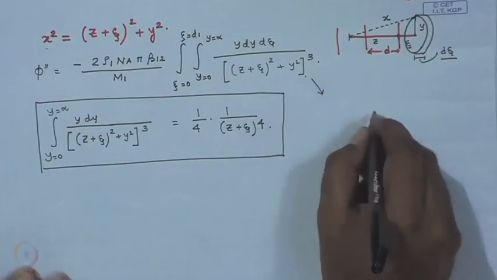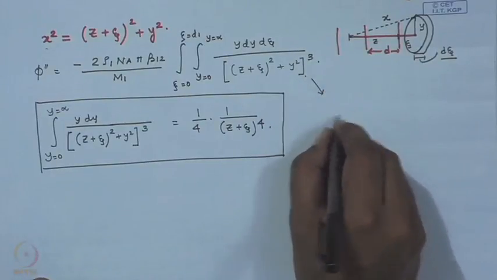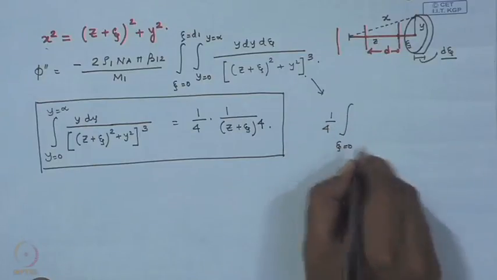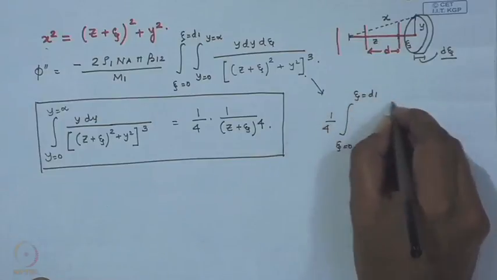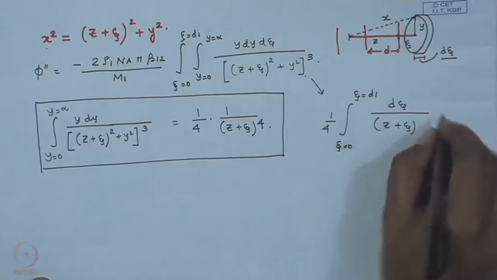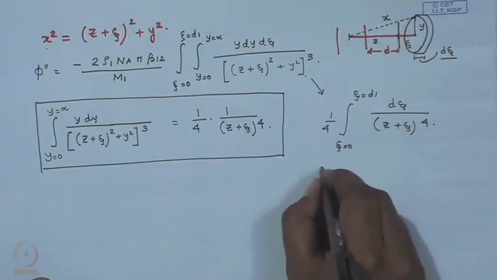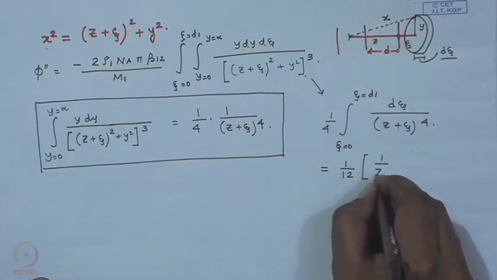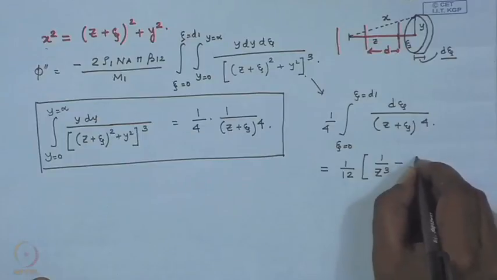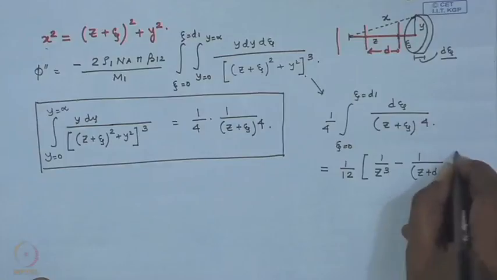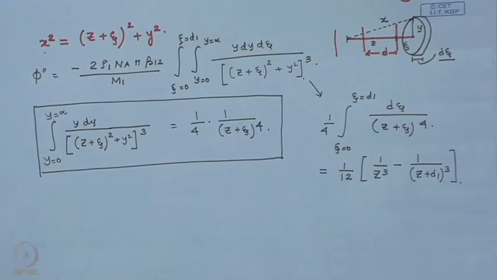What you get is this is now 1/4 integrating between eta equal to 0, okay. So, this is what you get.